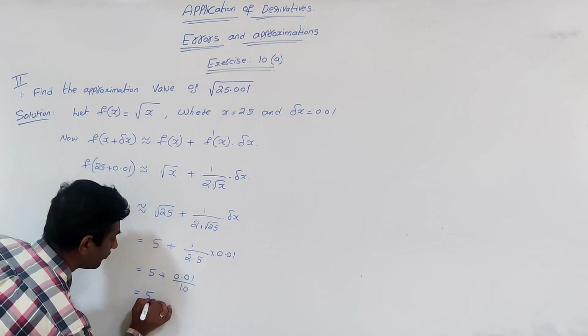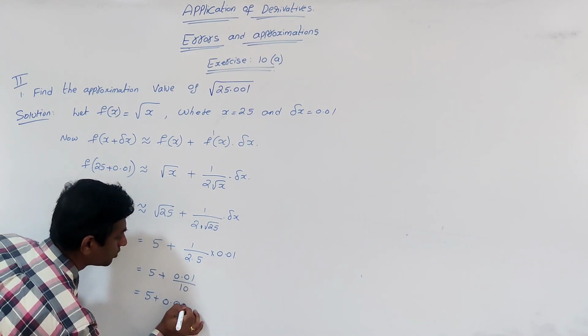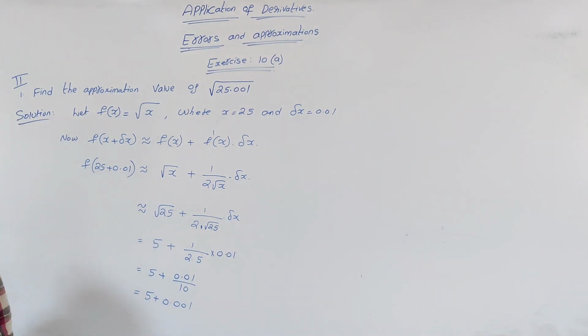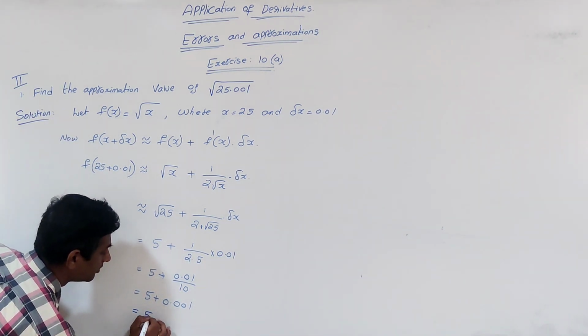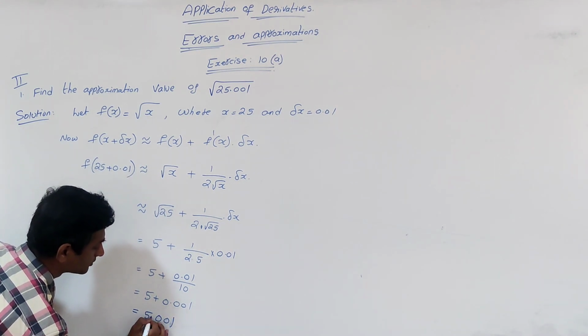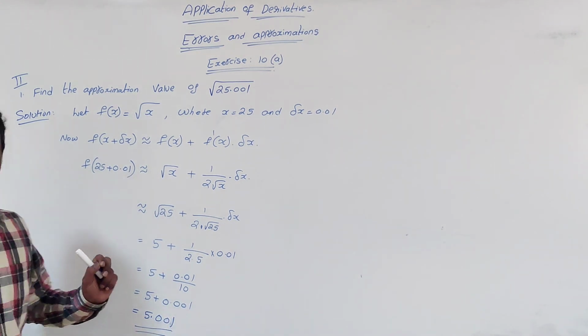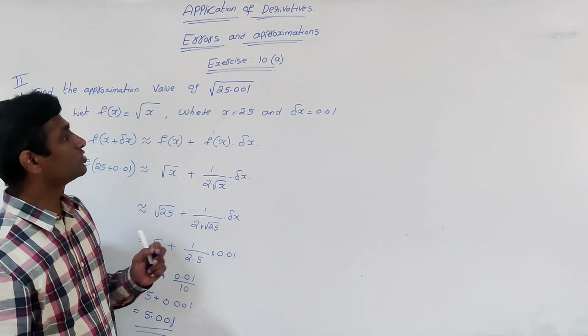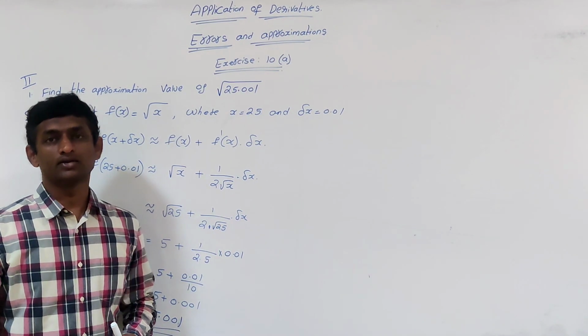That gives 5 plus 0.0001, and if you add, it will be 5.0001. That is the approximate value of square root of 25.001 without using the calculator.